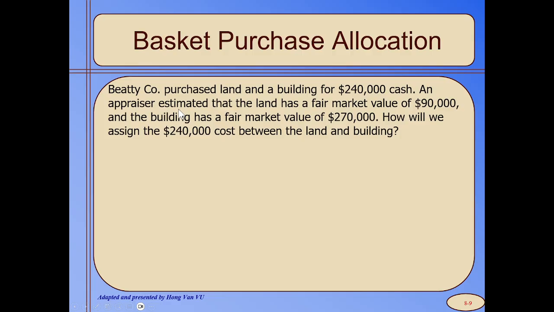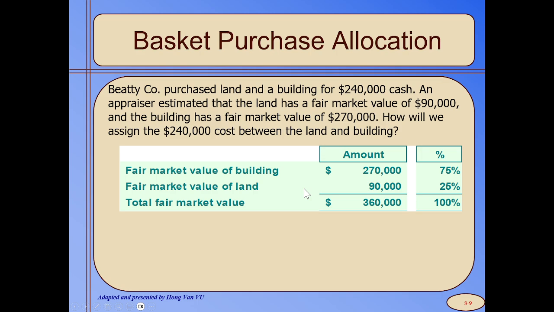So we must separate out the cost of this basket purchase. The company hired an independent appraiser to determine the fair market value of the land without the building and the building without the adjoining land.